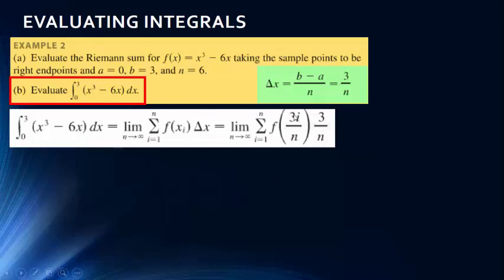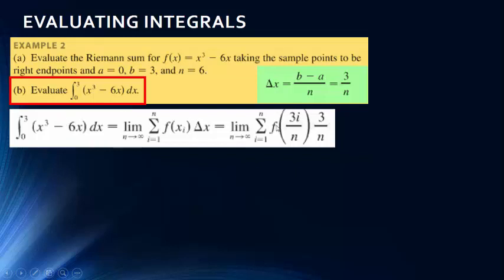This is a really important step, and because some of this is not very intuitive, you have to think it through. Notice what we're going to do: if this function is our f of x, we're going to need to rewrite this function x cubed minus 6x, replacing x with 3i over n. And that's our next step.